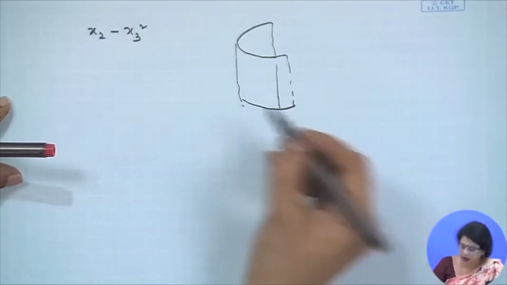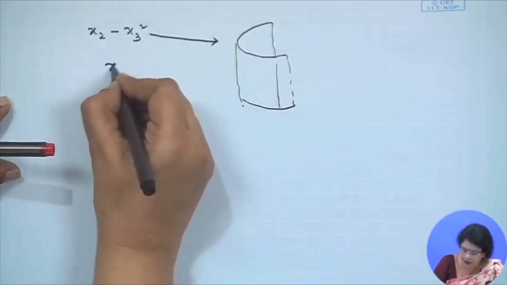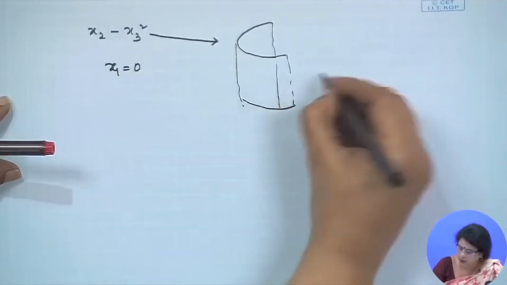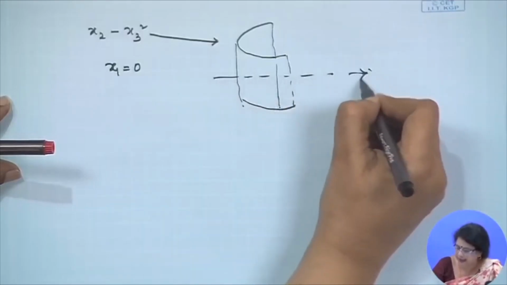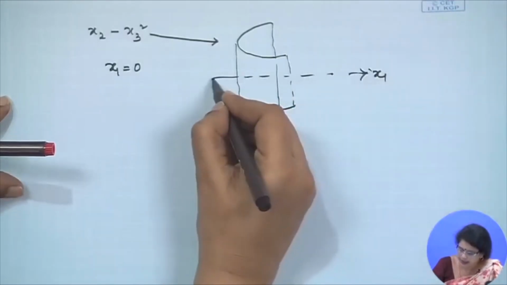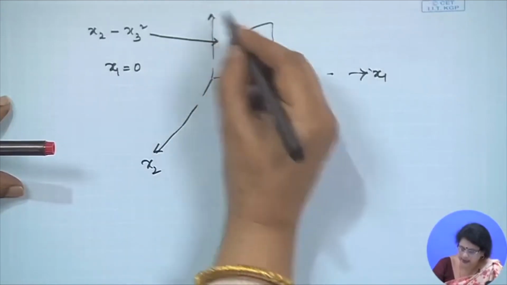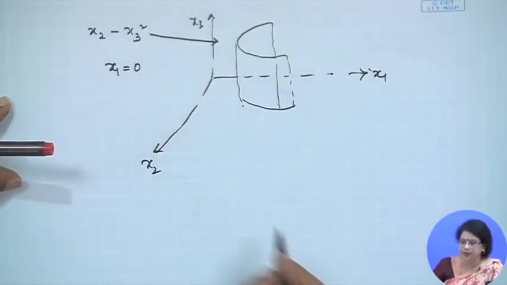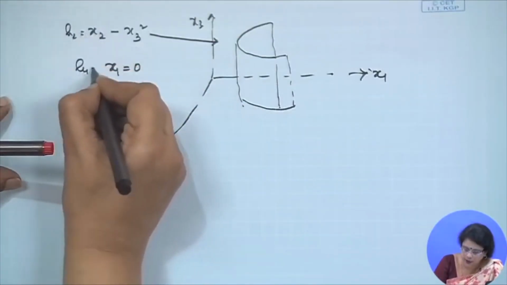Now, there is another constraint, x1 equal to 0. This is the x1 axis, this is the x2 axis and this is the x3 axis, in 3 dimensions. This is your h2, this is your h1.